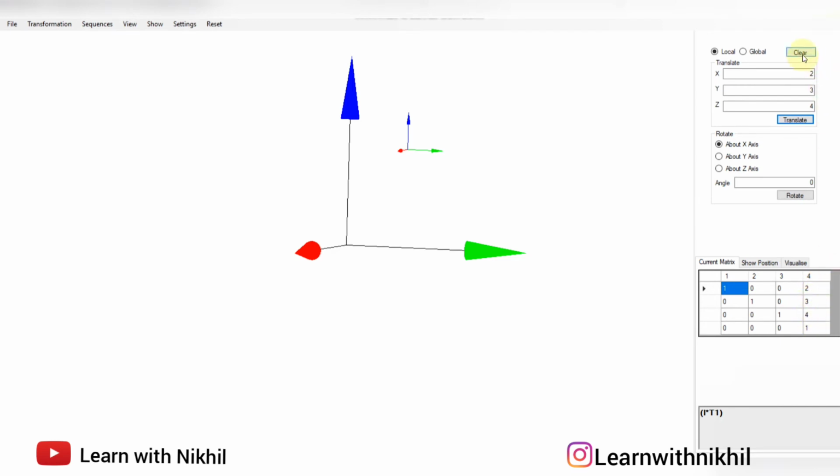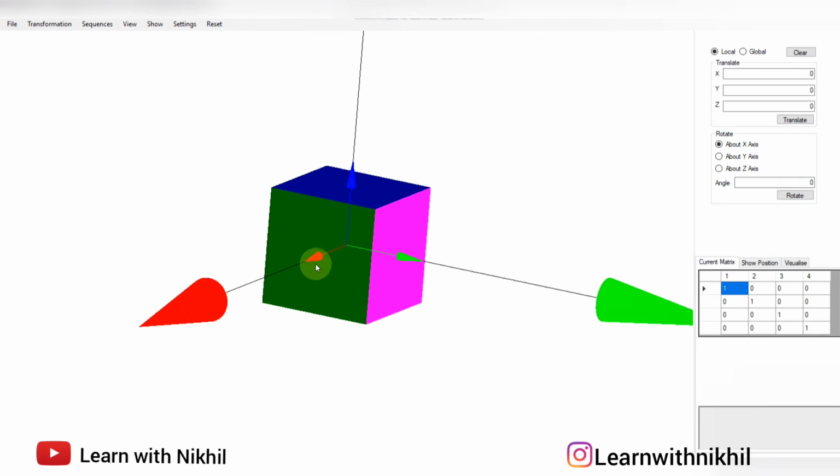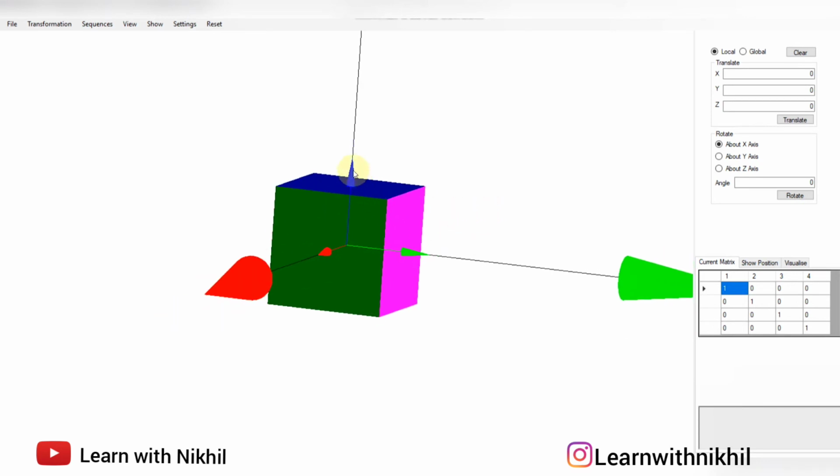Now moving towards the rotation matrix, I'll again click on this cube. So as you can see, rotation about x axis. Now this x is parallel to this. Now right now you have to rotate along x axis. So when we rotate along x axis, this 2 will change. So this will move here, this will move here.